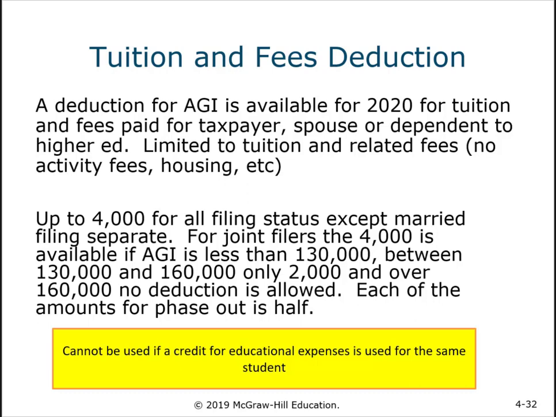And you can't do both for the same costs, or the same student. So you need to evaluate whether this is a better deal for your client or using the credits. And there are multiple credits that you have to consider. So that's the complicating factor.